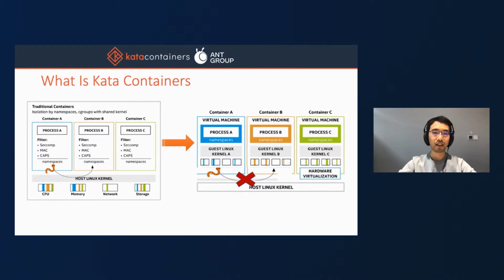So the basic idea of Kata Containers is to isolate the different containers with a virtual machine. So we put containers in a virtual machine and give each container a separate kernel.